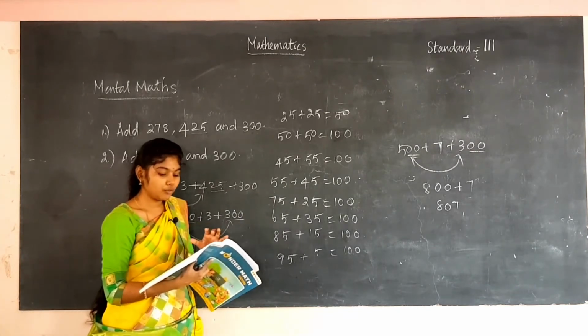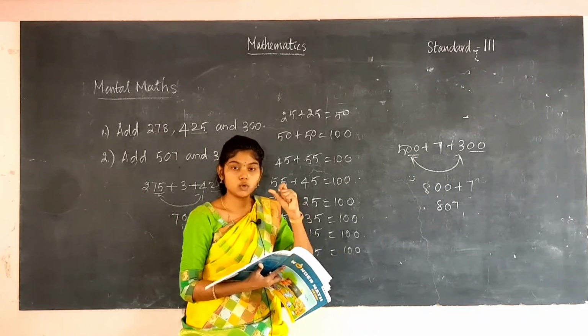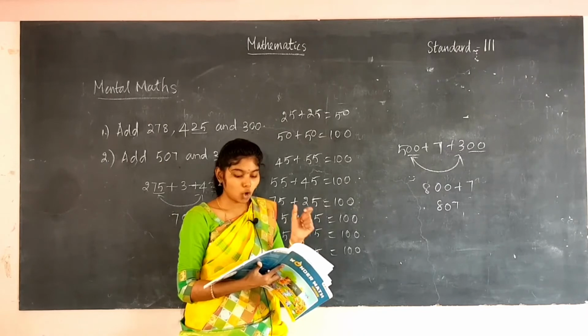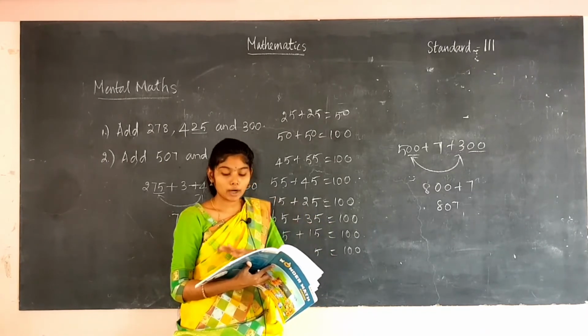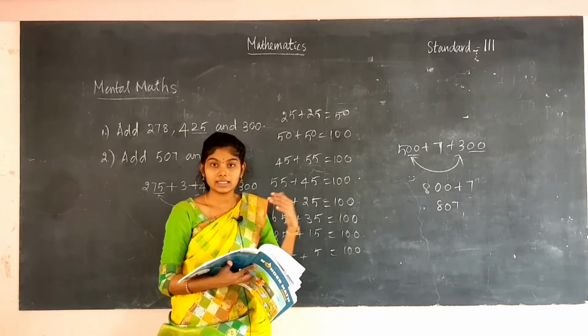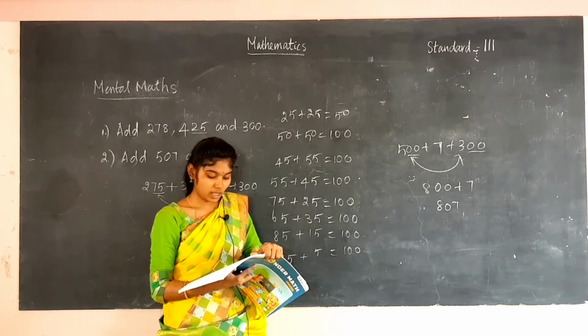So we are going to find the sum of how much amount she needs to pay the shopkeeper. Each item's name is given there: comic books, cartoon CDs, table mats, pen stand. So we are going to add those numbers mentally. As I have said, use simple maths and find the answer.